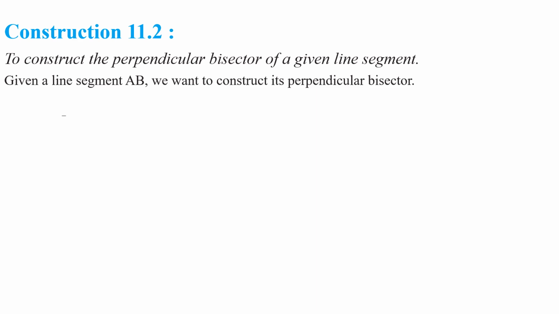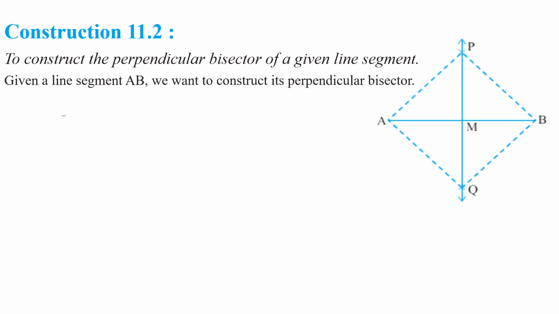The measurement of AB may be anything. This is the given line segment AB, and to construct its perpendicular bisector we follow these steps.